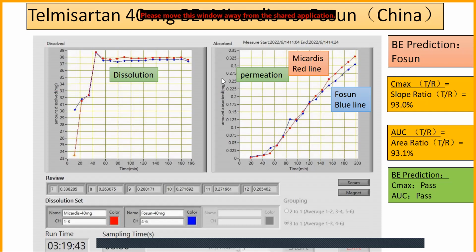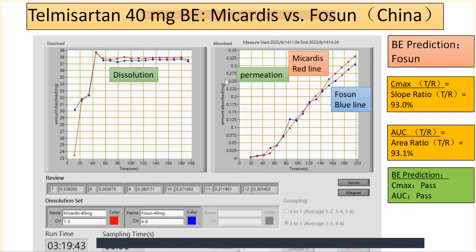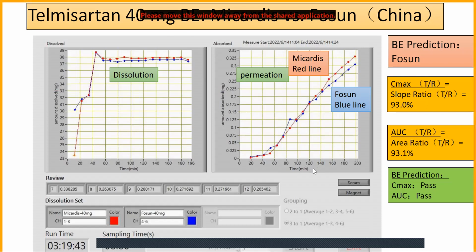Why is that? Because you will see the y-axis of the penetration plot is amount absorbed, right? And then the x-axis is the time, right? So if you have y divided by x, that's amount absorbed per unit time.